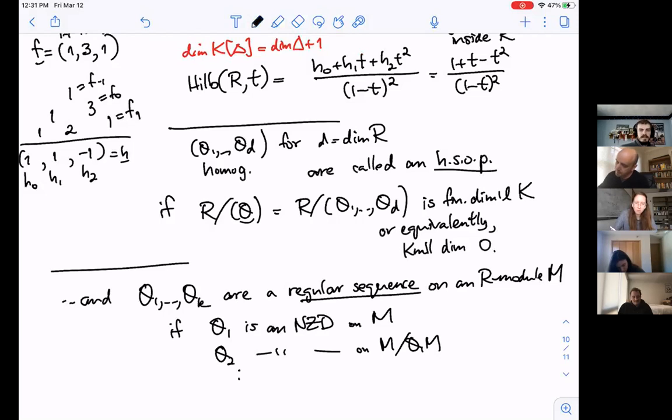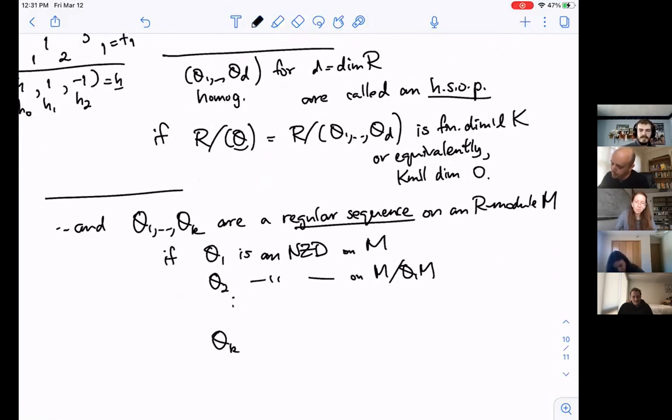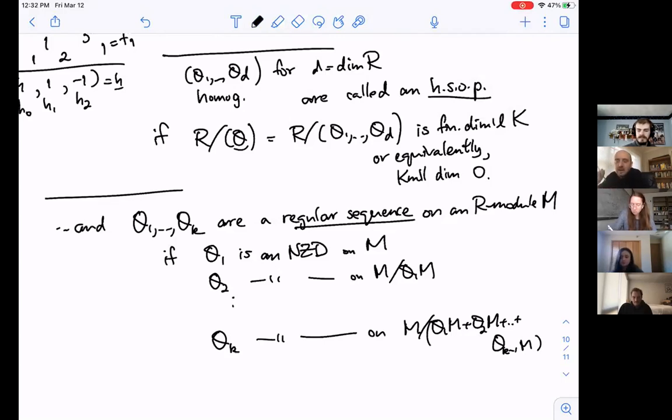Dot, dot, dot. Theta k is a non-zero divisor on M mod theta 1, theta 2, and so on, up to theta k minus 1. Now, this is a pain, but I need to introduce modules over R because I need to talk about R mod theta 1 and R mod theta 1, theta 2, and so on. So you keep modding out by them, and they remain non-zero divisors even after you've quotiented by the previous ones. That's what it means for them to be a regular sequence.